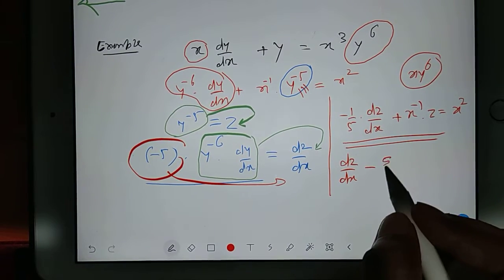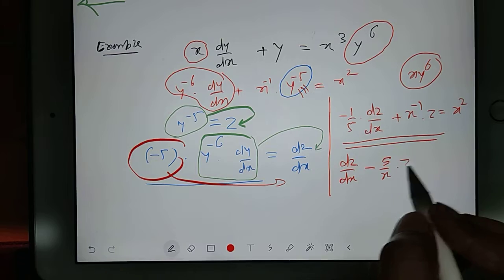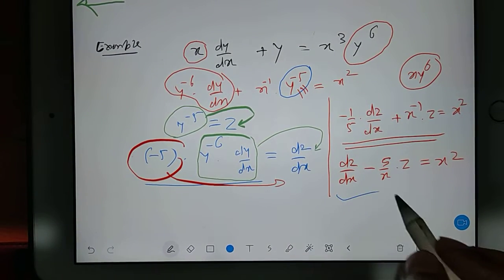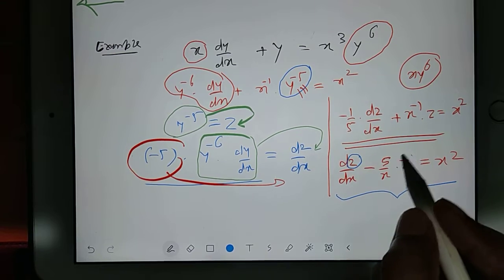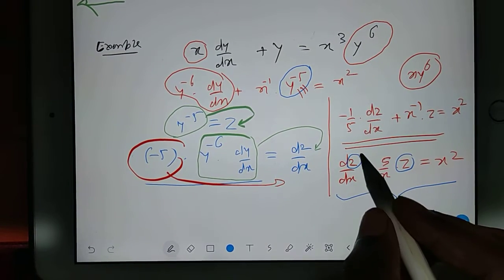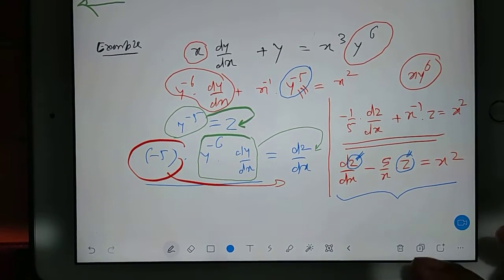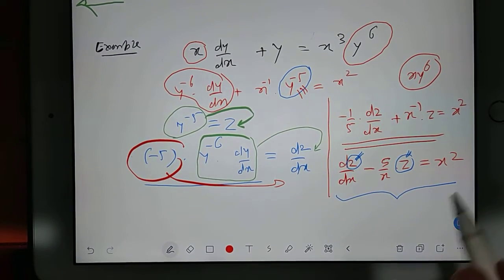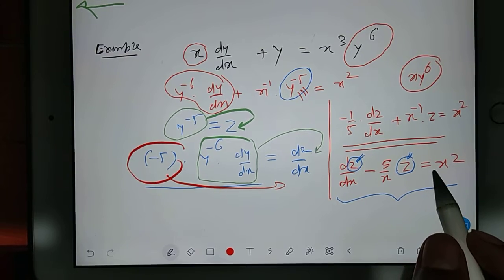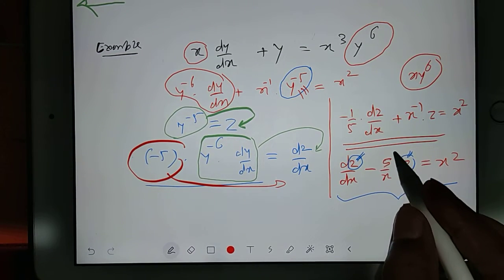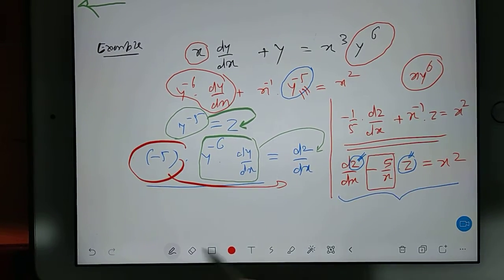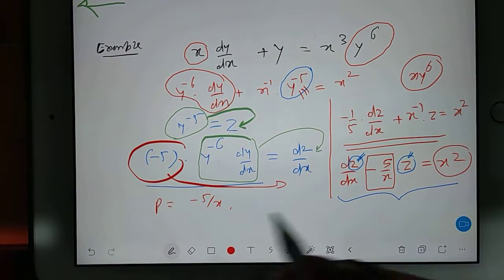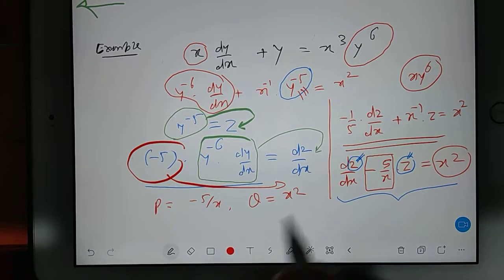So it will become minus 5 by x into z is equal to x square. You can clearly see now this equation, z here and z here. In Leibniz form you used to have y here, but no problem, only the variable is changed, right? Tool is same, concept is same. So you have to select what is your P value here, what is your Q value here. This is your P, so P is equal to minus 5 by x, and this total is your Q, so Q is equal to x square.